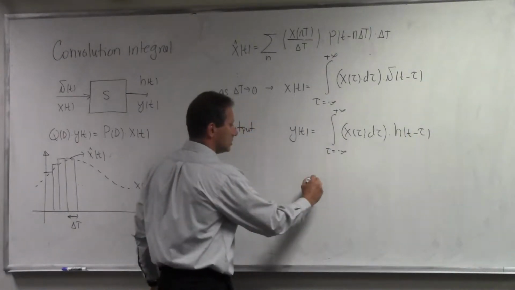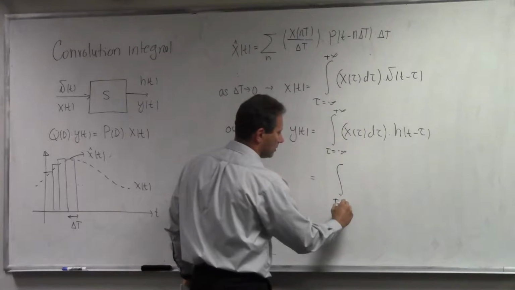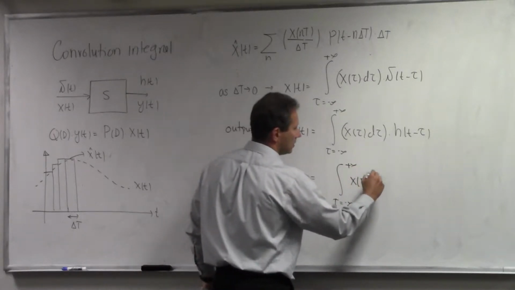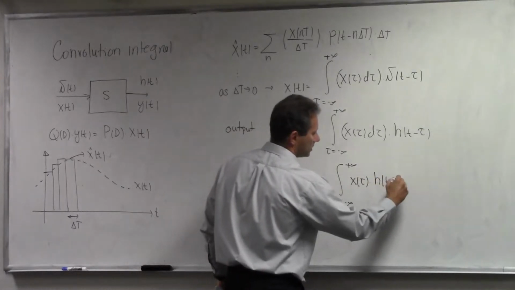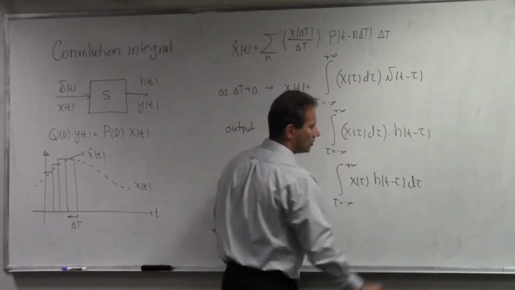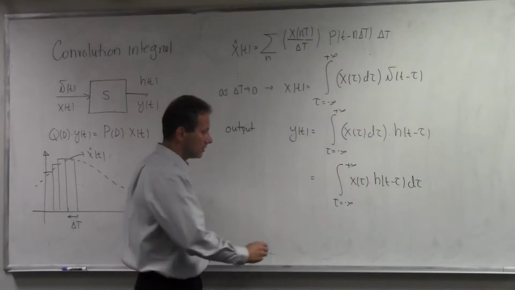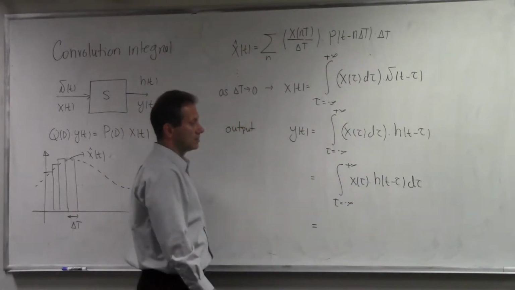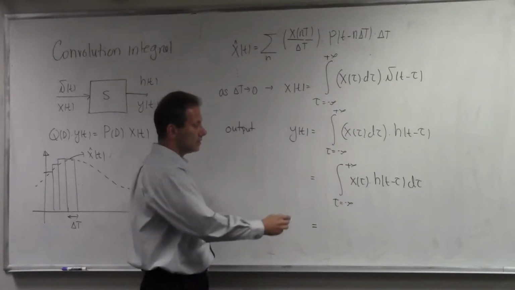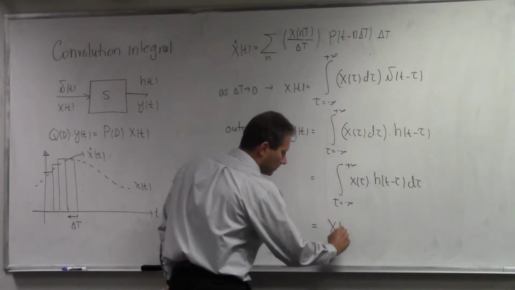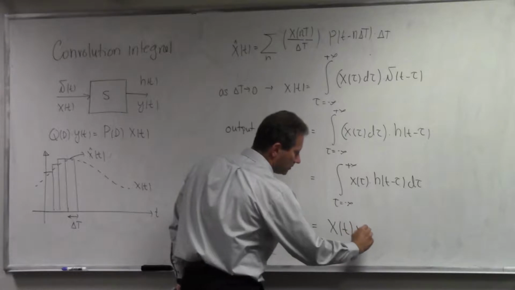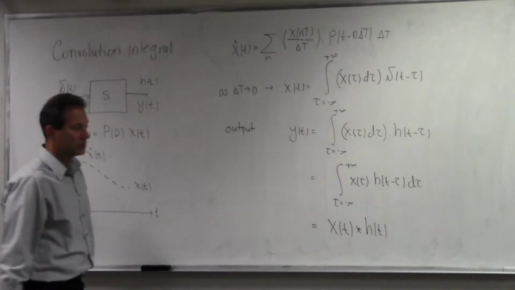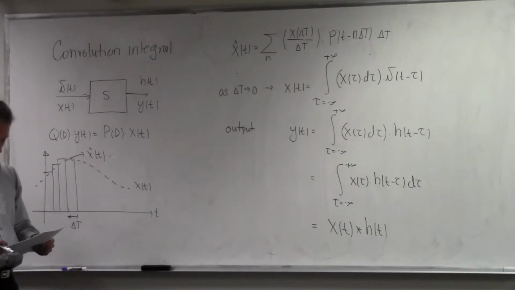Now this is commonly written as the integral, tau from minus infinity to plus infinity, of x of tau h of t minus tau d tau, right? And we call that the convolution integral. Another common notation, to avoid the cumbersome writing with integrals, is x of t star h of t, to indicate that you're taking the convolution between two signals in the time domain.